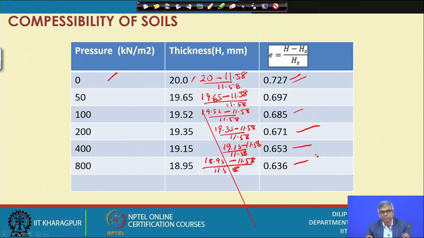Now we have again got the void ratio, and using this void ratio and this pressure, you can draw the e-p curve, and from there you can get the volume compressibility. This is a practice problem; if you take true experimental data, your values may not be so close, but here the data is just taken and may not be experimental, so theoretically all give by and large the same results.